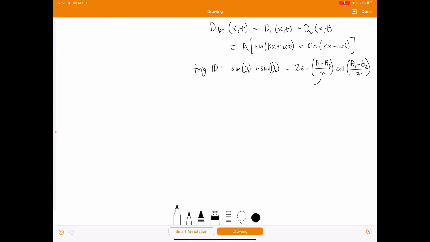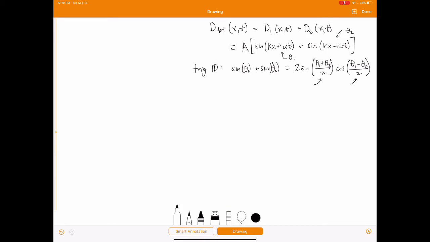So here we're taking the sum of the two angles divided by 2. Here we're taking the difference of the two angles divided by 2. Now, in our case, I'll call theta 1 this guy right here, and I'll call theta 2 this guy right here. So whatever is inside of the two sine functions in our expression.